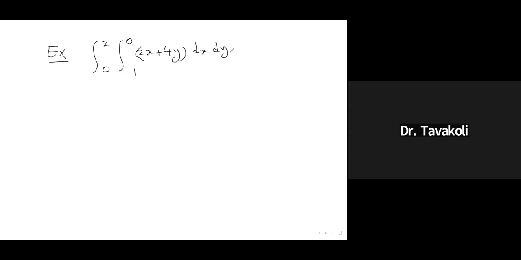Obviously, in this order, the inside integral is with respect to x. So for the region we are integrating, x runs from -1 to 0 and y runs from 0 to 2. You can pause the video and try this on your own, and then check your answer with my answer.